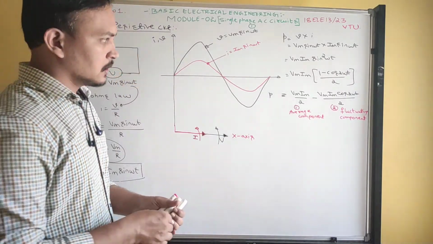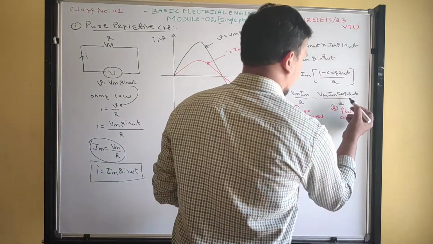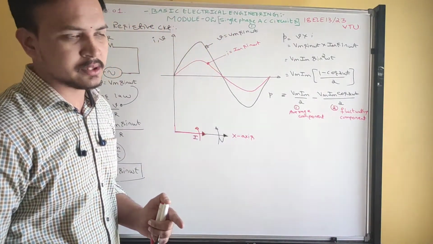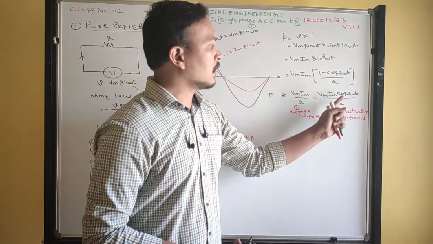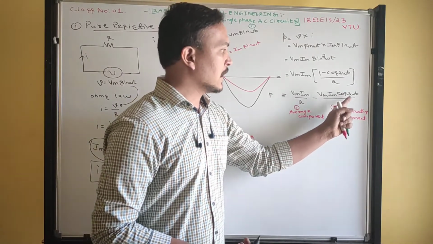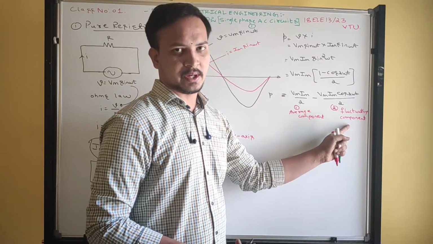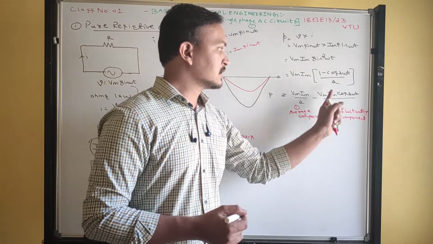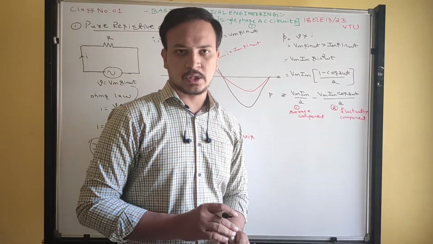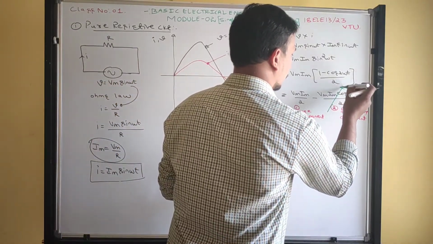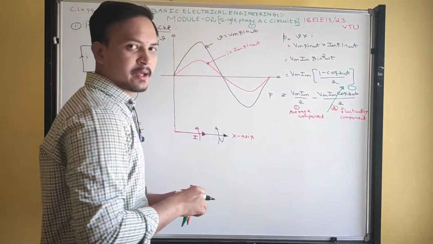The fluctuating component has double frequency; any trigonometric term, either cos or sine, with double frequency is a fluctuating component. If I integrate the fluctuating component over one cycle, its average value is always 0. Therefore this fluctuating power becomes 0.